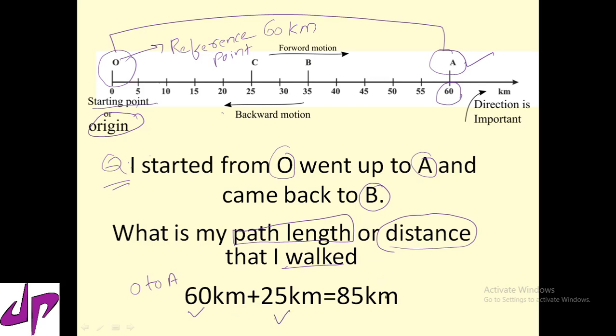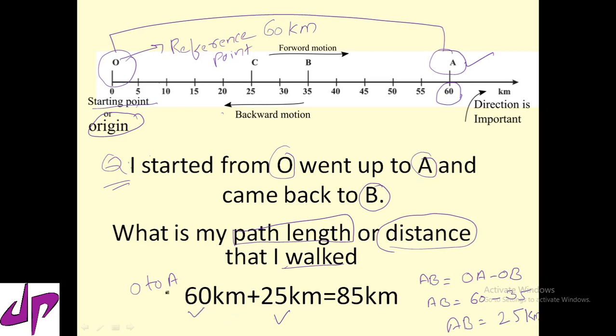From the figure, AB equals OA minus OB. OA is 60 and OB is 35. So the distance between A and B equals 25 kilometers.